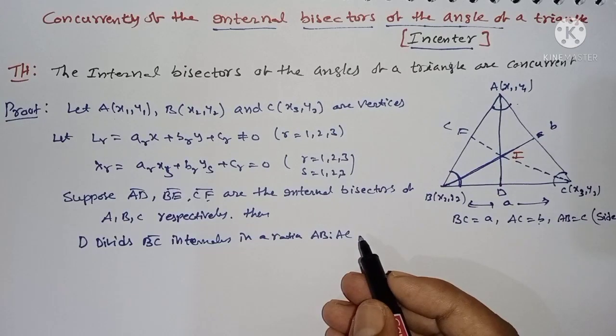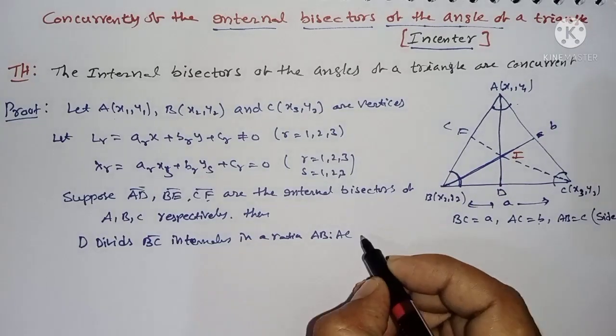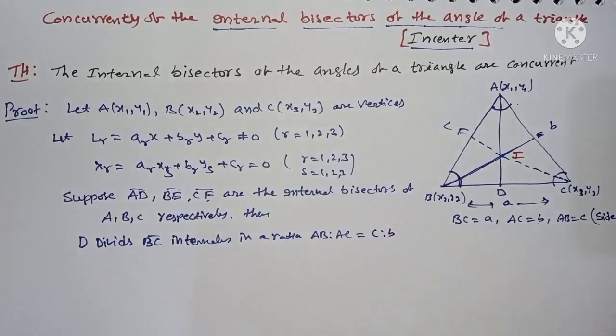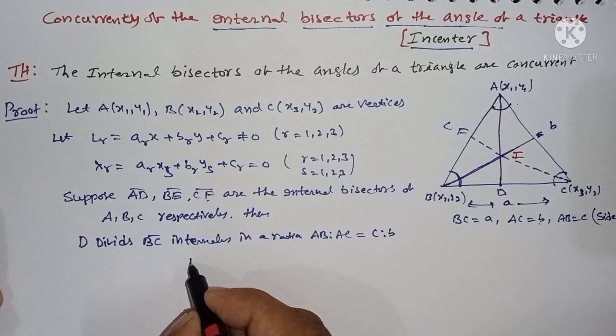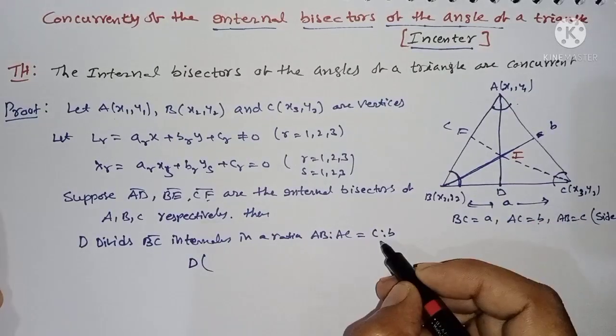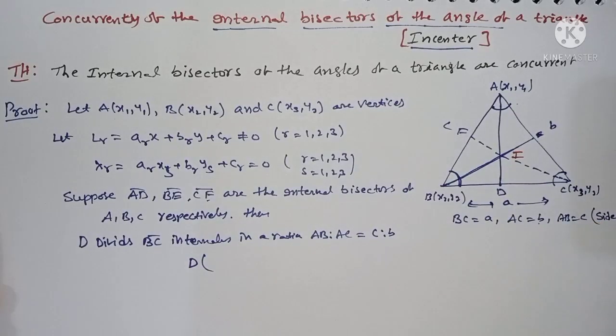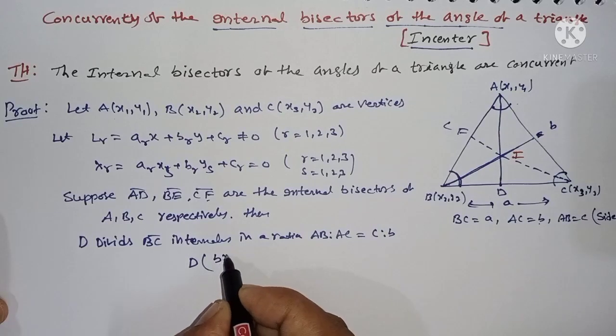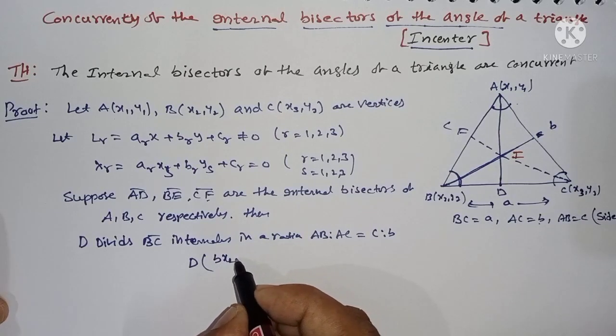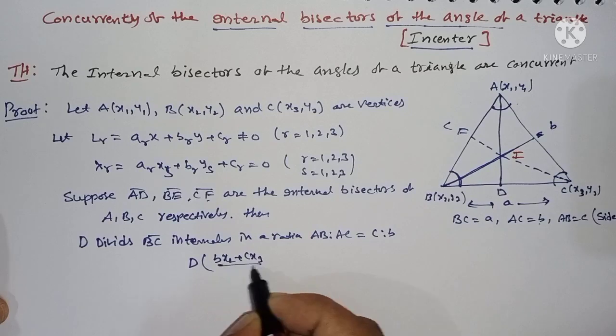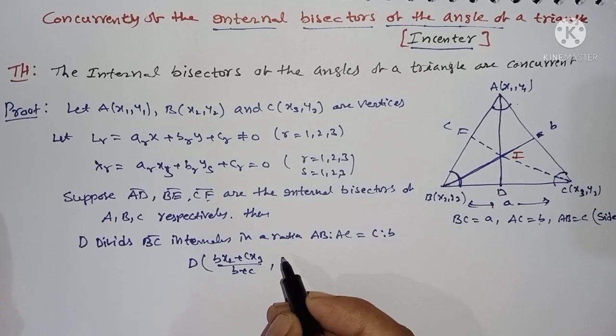Therefore, AB is to AC is equal to c is to b. Therefore, D divides in the ratio c is to b, so it can be written as (b x2 plus c x3) by (b plus c).